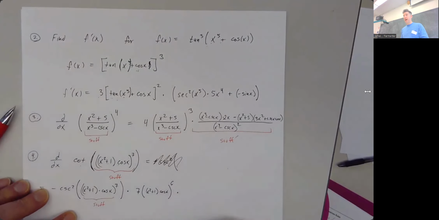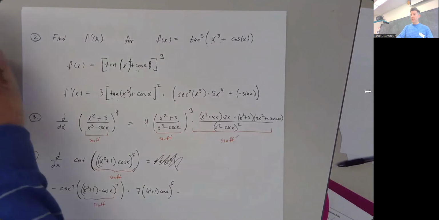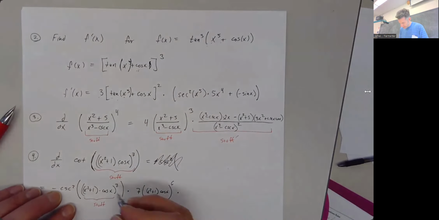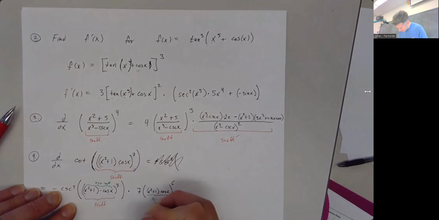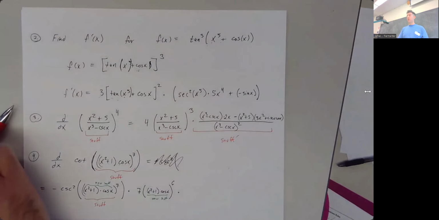Then we have to multiply by the derivative of the new inside stuff, right? So there's my new stuff. And now we have to multiply by the derivative of that new stuff, which will require the product rule.